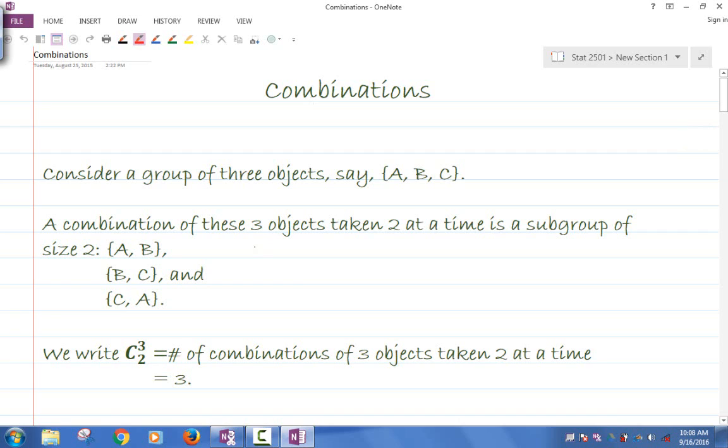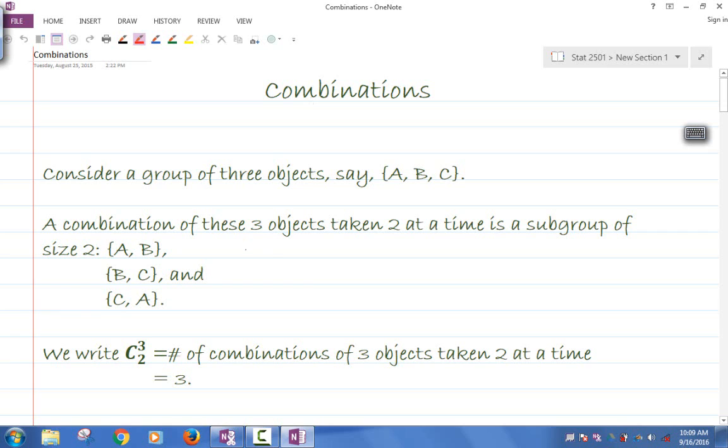The trick is we are going to count the number of permutations of three objects taken two at a time. Remember the number of permutations of two objects taken two at a time? We are going to count that number in two ways. One is we already know the answer. The other way will be in terms of the number of combinations.